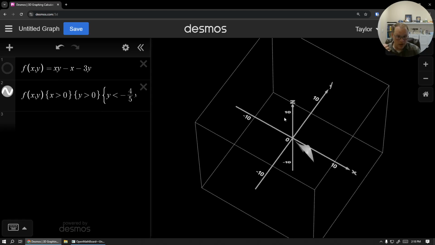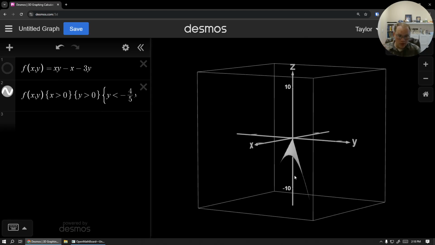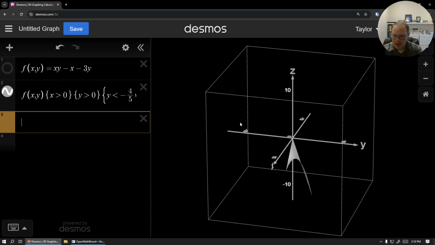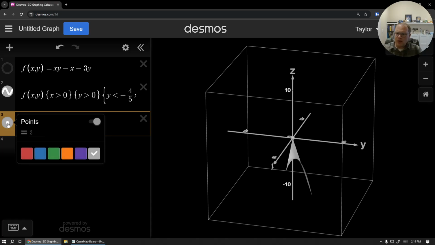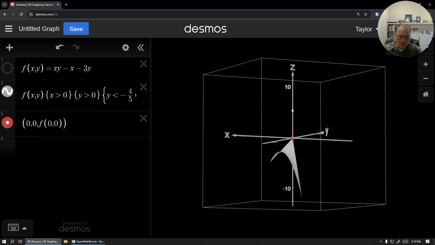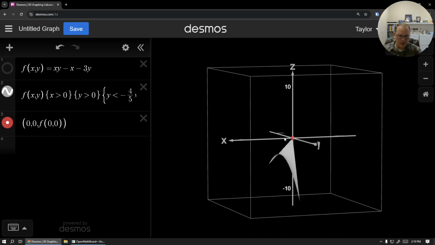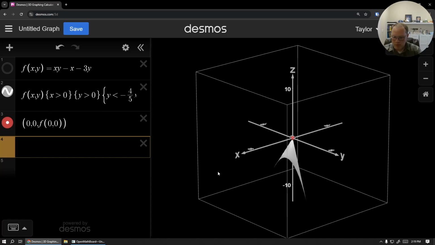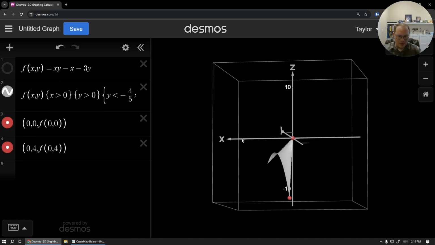Okay, so where were our critical points? So first, our absolute maximum was at (0, 0). There we go. I'll make that red. And so you can see, yep, that is definitely where the absolute maximum is, right? The absolute minimum was at (0, 4), f(0, 4). There's the absolute minimum.